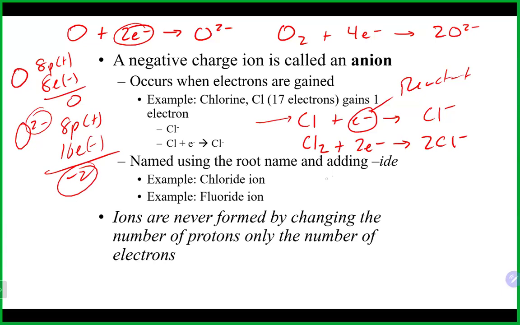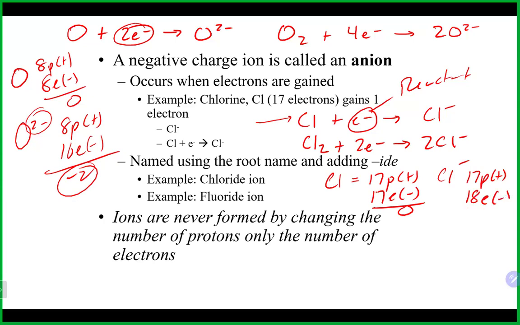Same thing if we look at chlorine. Chlorine with no charge has 17 protons, which are positive. It also has 17 electrons, which are negative. And chlorine with a -1 charge is still going to have 17 protons because it's chlorine. We'll have 1 extra electron at 18 that gives us our -1 overall charge.